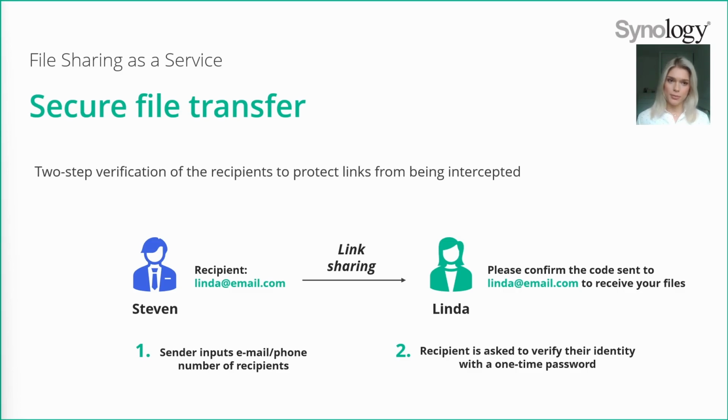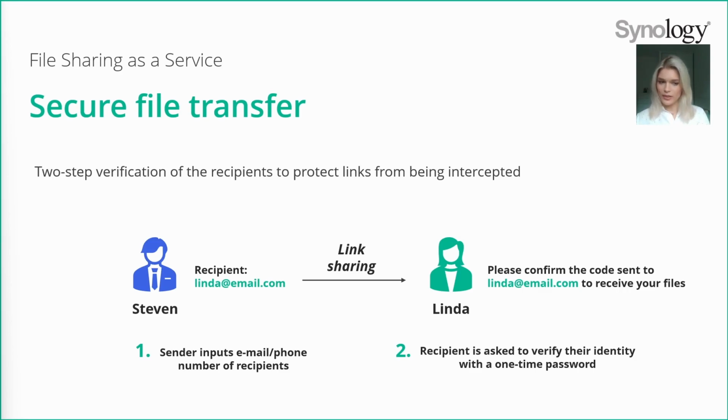He will choose a recipient, Linda's email, and he will get a share link that he can share with her however he wants. It can be an email or a messenger, it doesn't really matter. And when Linda opens the link, she will need to verify her identity through the one-time password that would be sent to her email. This means that she's the only one who can access the files.